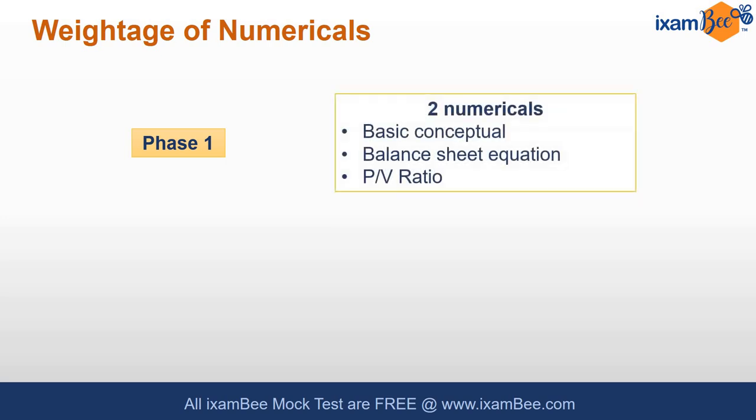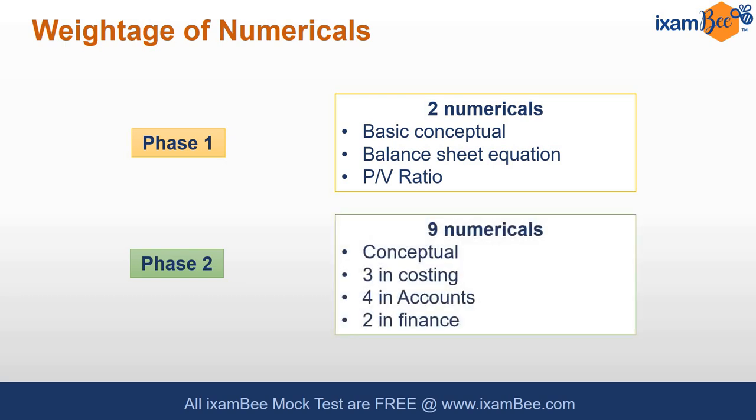न्यूमेरिकल्स डोंट वरी मच. फेज 1 और फेज 2 में बहुत न्यूमेरिकल आते नहीं है, बहुत सिंपल लेवल के न्यूमेरिकल थे फेज 1 में, बेसिक कॉन्सेप्चुअल न्यूमेरिकल, and there were 2 numericals in phase 1, 9 numerical questions in phase 2, mostly conceptual, costing, accounts और फाइनेंस तीनों से थे. But don't think कि अकाउंट्स ज्यादा थे इस बार, तो अगली बार भी अकाउंट्स के ही ज्यादा होंगे.